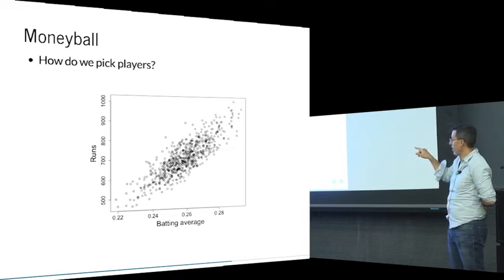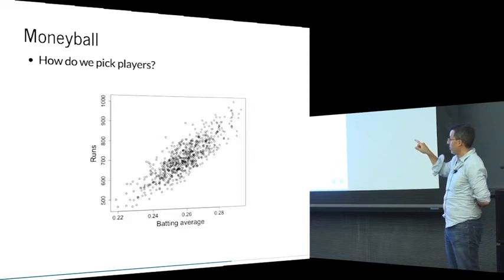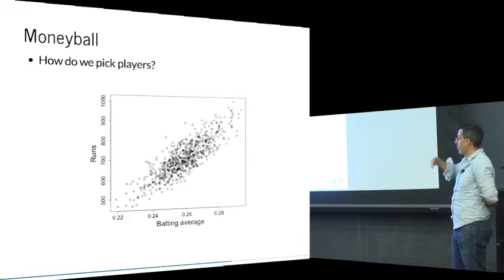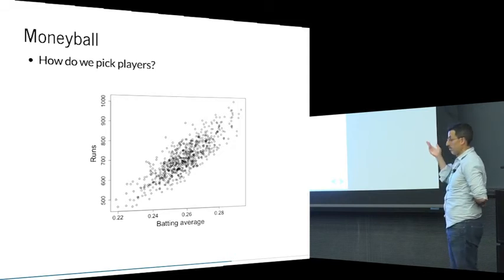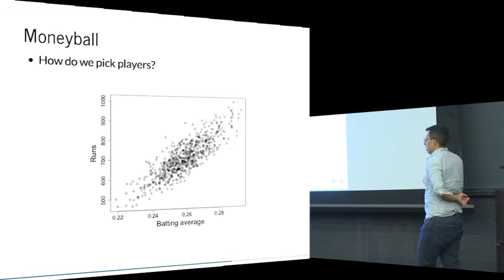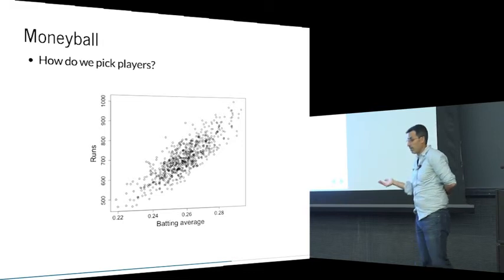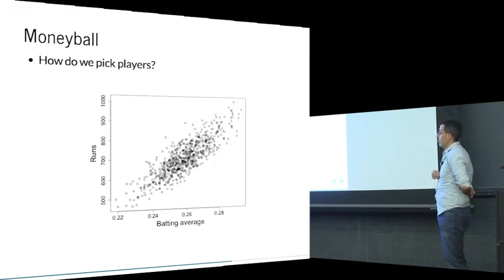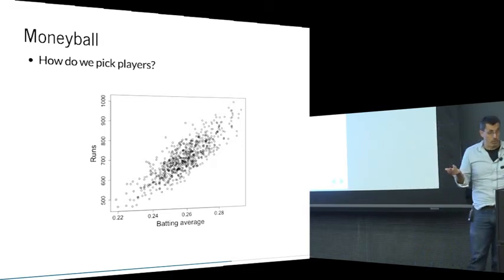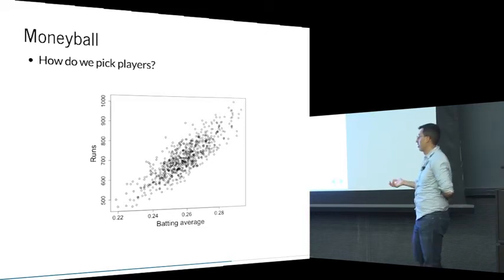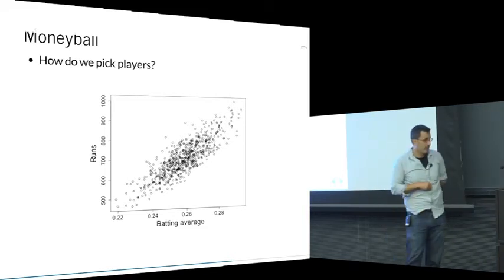So here's a plot of runs against batting average for teams across several years. And not surprisingly, it correlates. Teams that get a lot of hits get a lot of runs. So one thing we can do is try to pick players that have high batting averages.